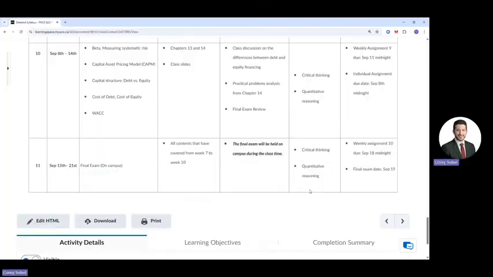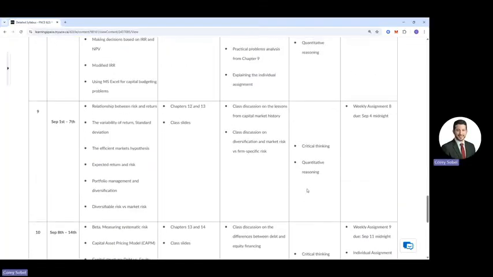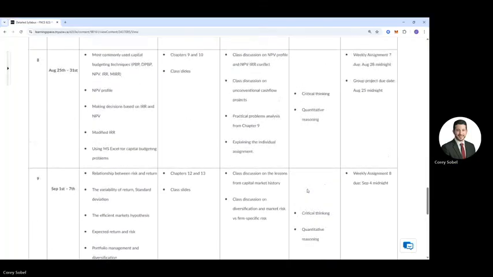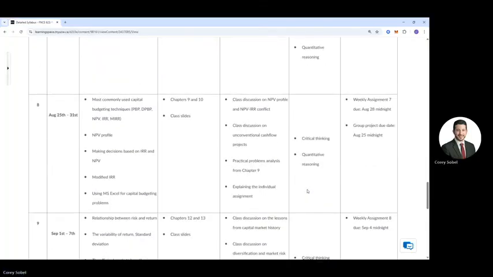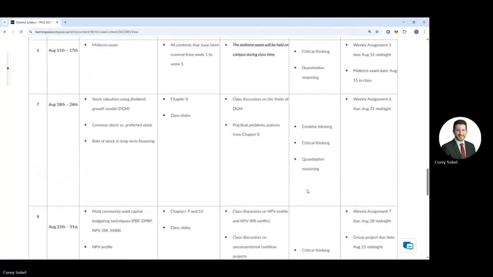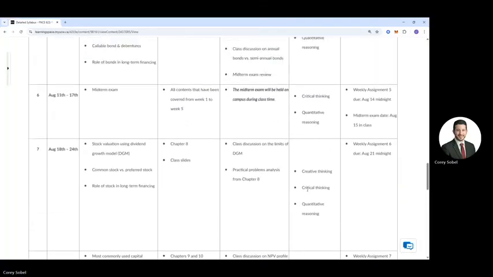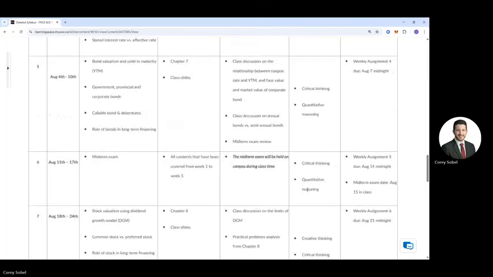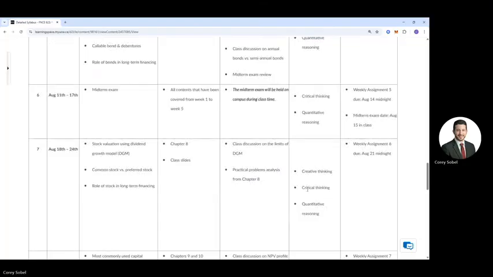So if we want to determine where we should focus for this final exam, let me scroll up here. You had your midterm August 15th, right?